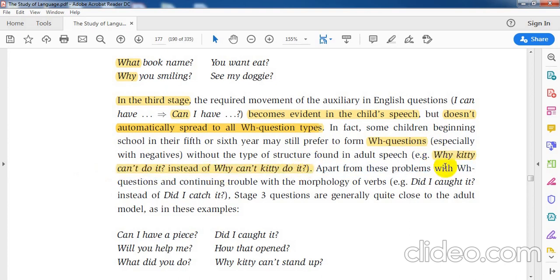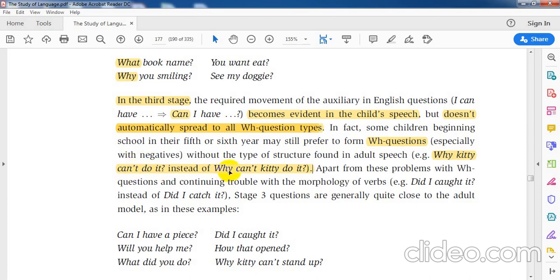Let me highlight it. Why Kitty can't do it. Instead, why can't Kitty do it? You see here? So what is the difference here? We have the improper positioning of Kitty before the can't.